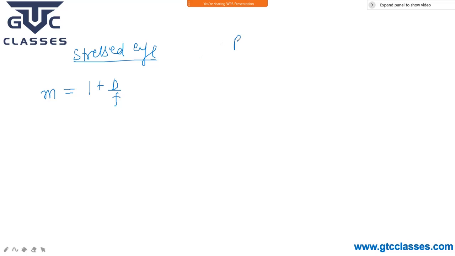But when you have the relaxed eye, you will get a magnification capital D by f. Which is more, which is less? What do you think?